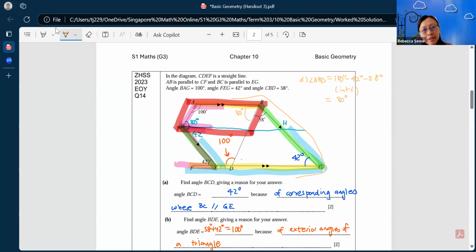Now, from here, you notice that angle GAB, this particular angle over here, and angle ABD is 180 degrees.